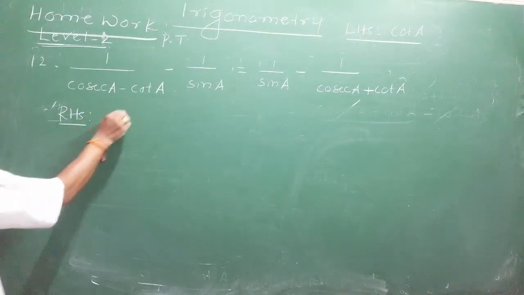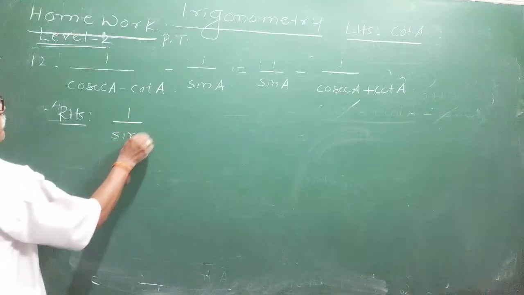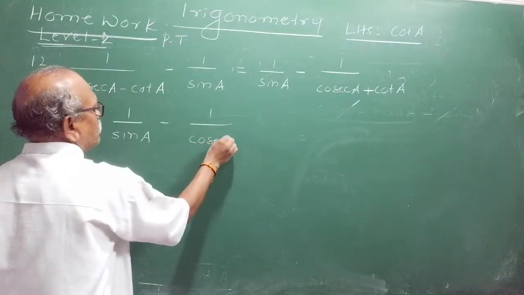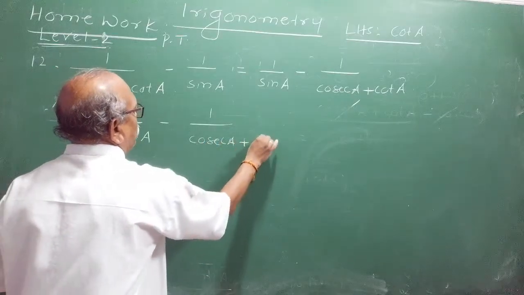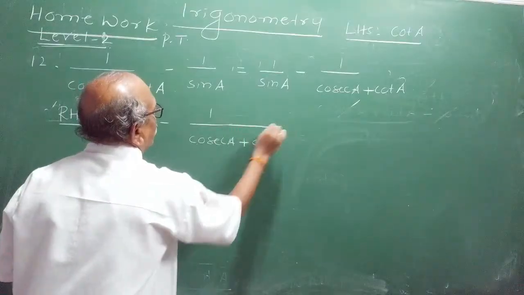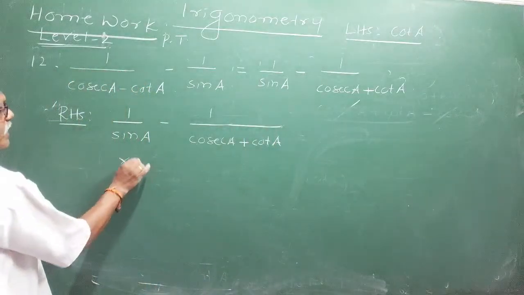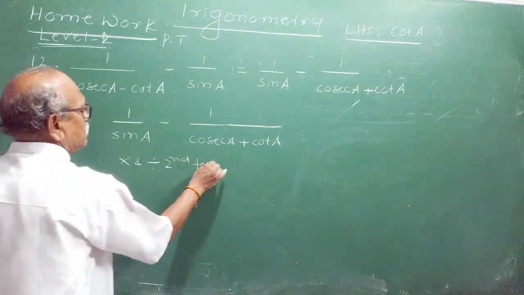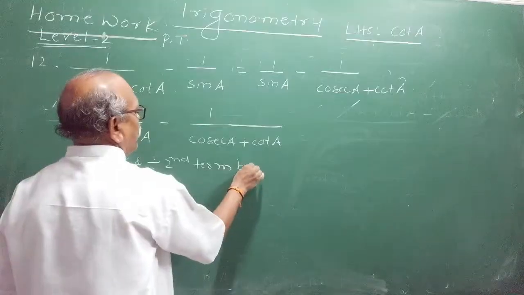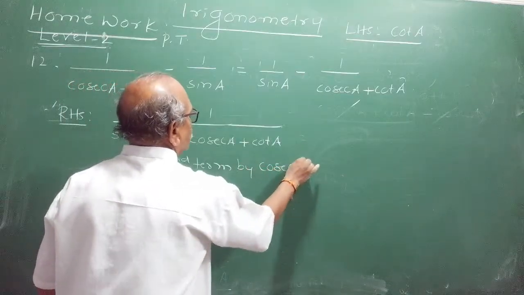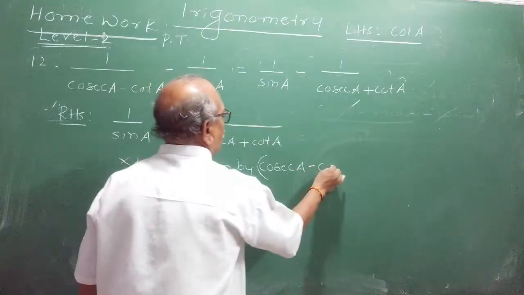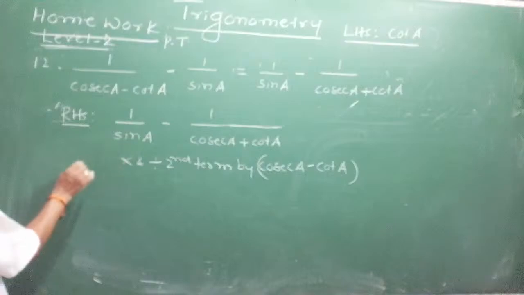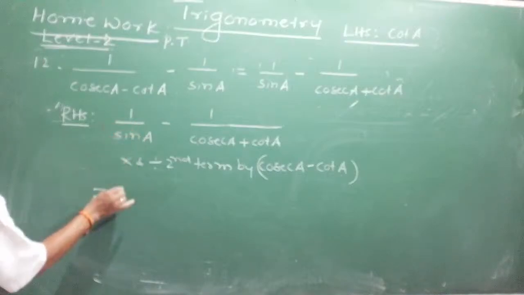RHS, what is RHS? It is 1 by sin A minus, you already know the trick, cosec A. This time you are given with plus cot A, right? Can you tell me what is the idea? Multiply and divide the second term in it by cosec A minus cot A. Cosec A minus cot A means to eliminate the denominator is our plan. 1 upon sin A becomes what?